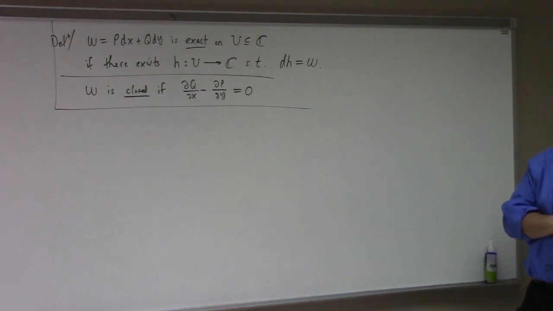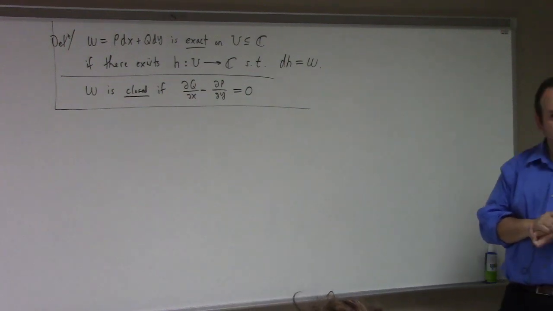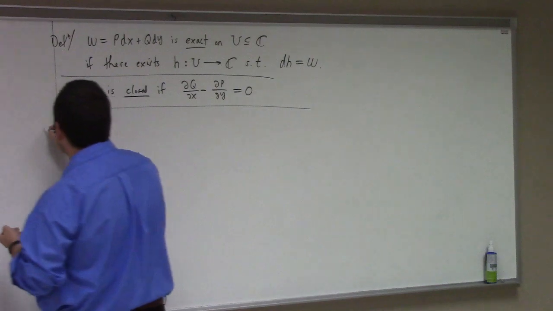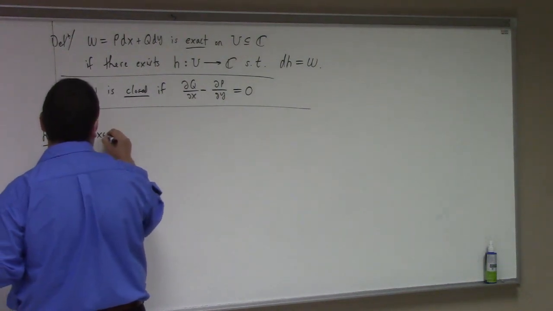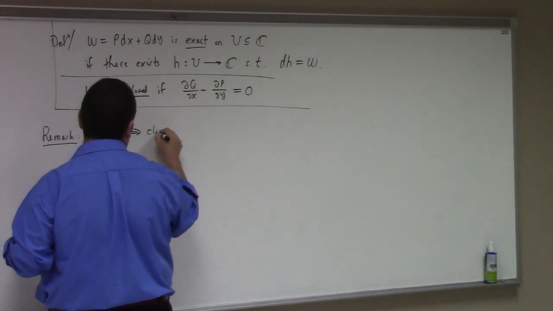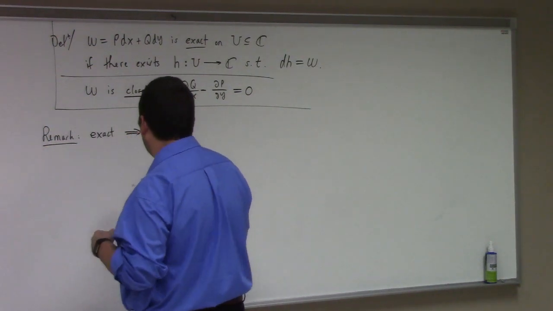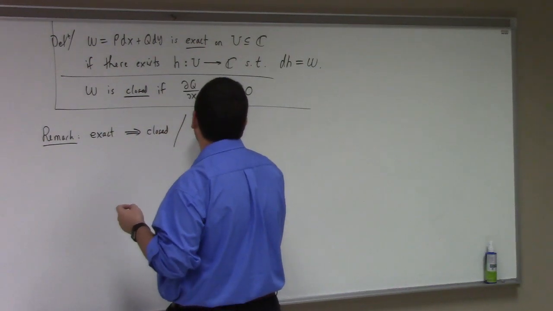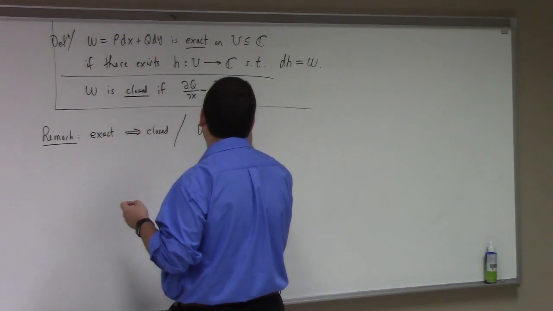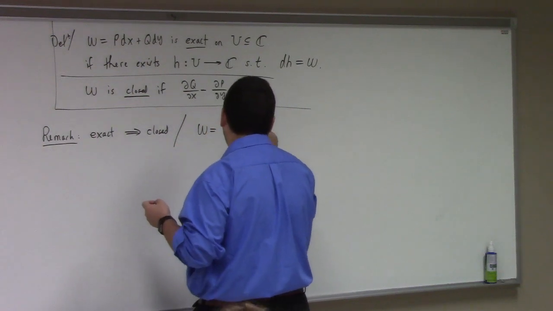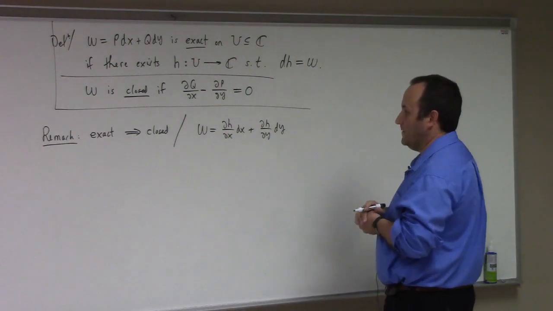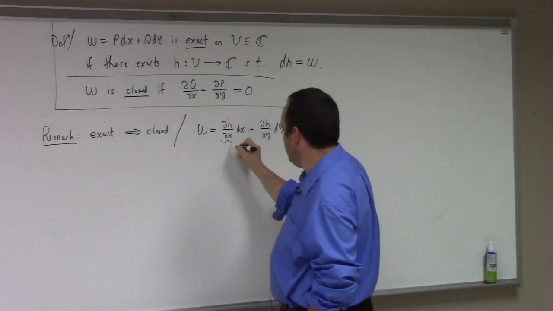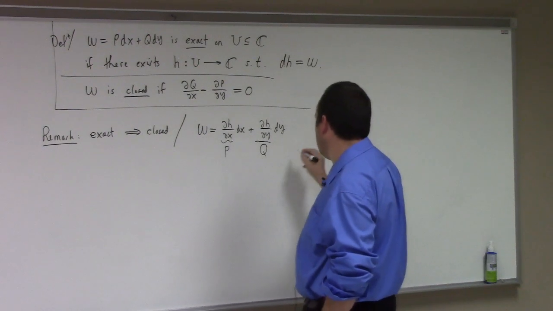One of the theorems we can prove easily and immediately is that exact implies closed. Exact implies closed for a differential form. How is that? Well, if we have omega is equal to partial h partial x dx plus partial h partial y dy, then this is my p, this is my q.